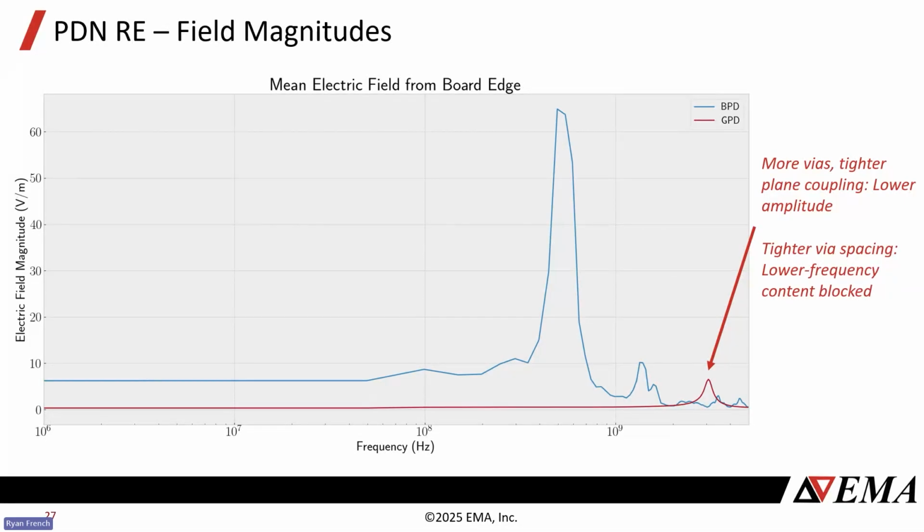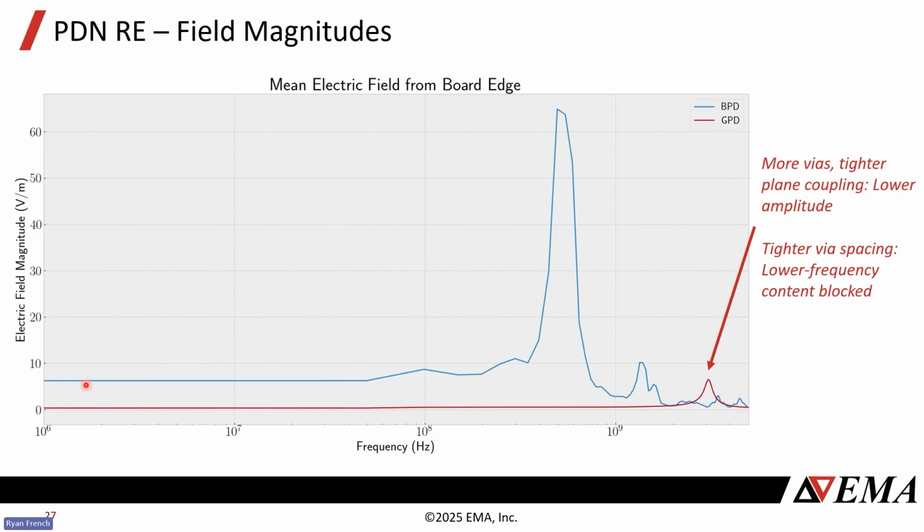And exactly what we talked about before, the good PCB design with the tight vias, a lot of vias, attenuates a lot of these frequencies. We only start seeing a peak about 3 gigahertz, which is way outside of any bandwidth of signals that we're using in this board.